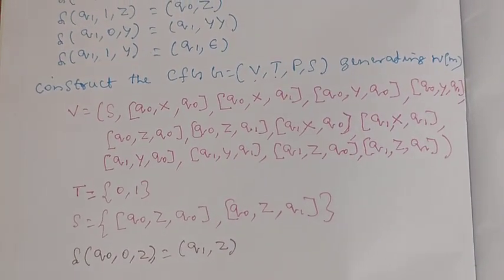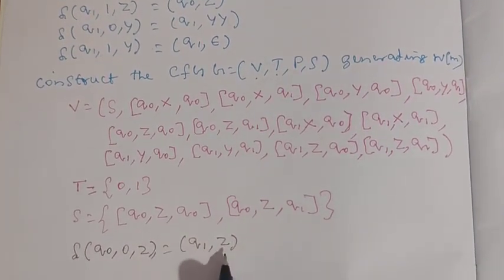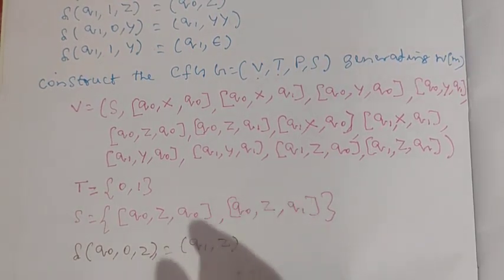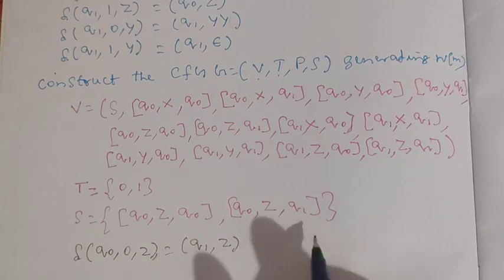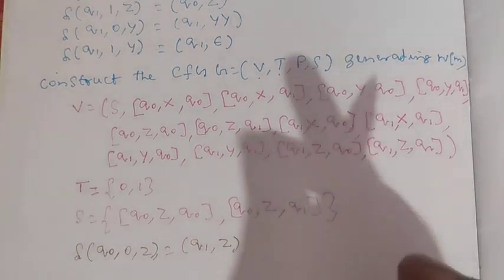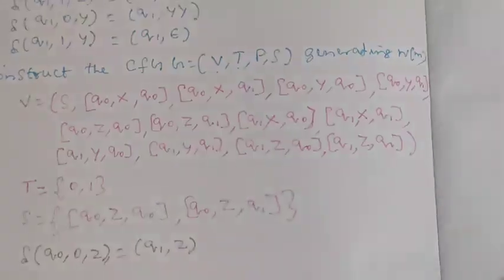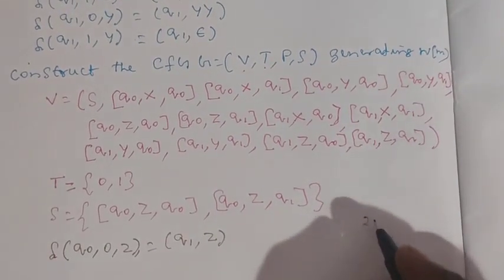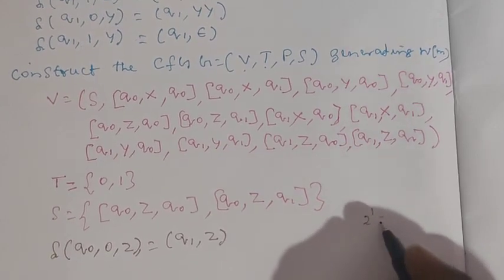Now the first concept here is, you see the number of symbols in the stack after the transition. The number of symbols in the stack is actually 1. So we will write 2 to the power of 1, which is equal to 2.